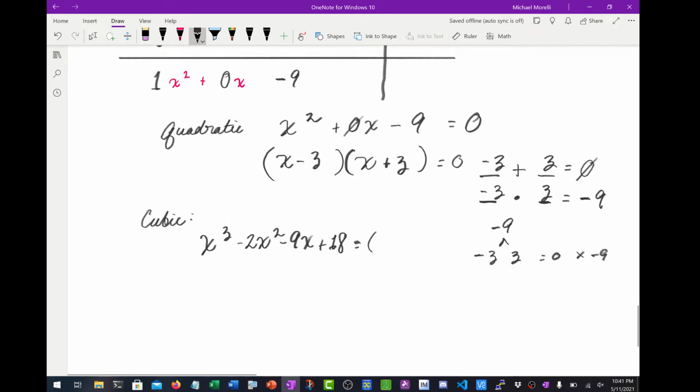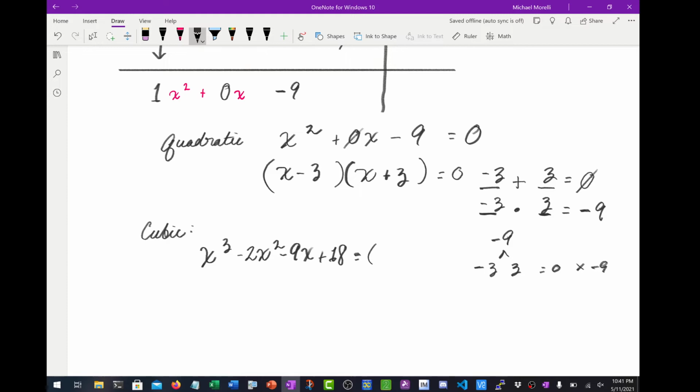So this is a standard form cubic equation is equal to, here's the factored form, x minus 2 times x minus 3 times x plus 3.